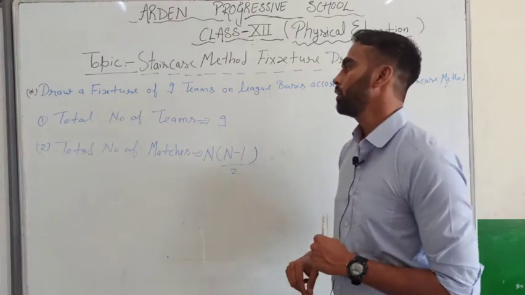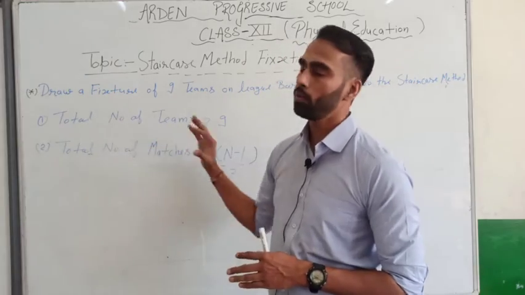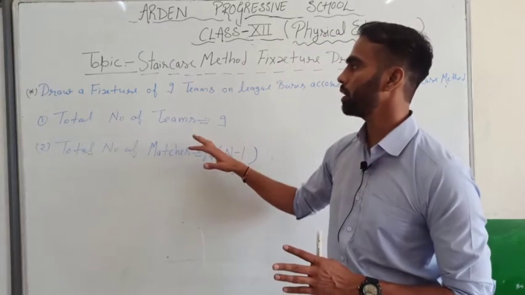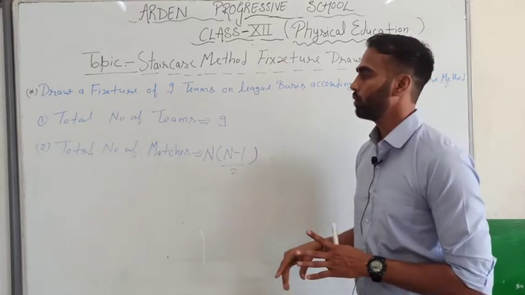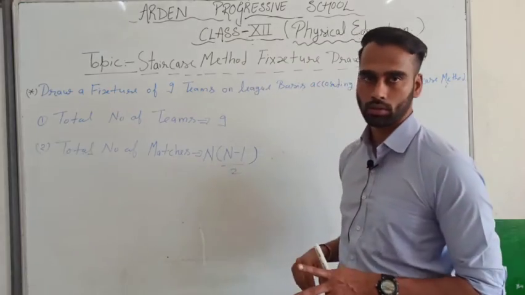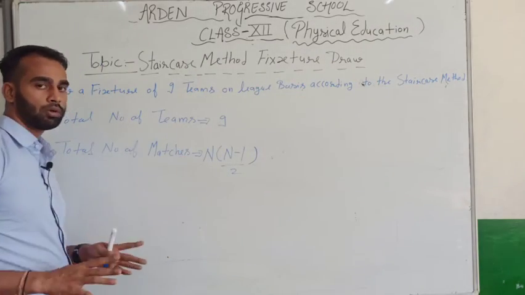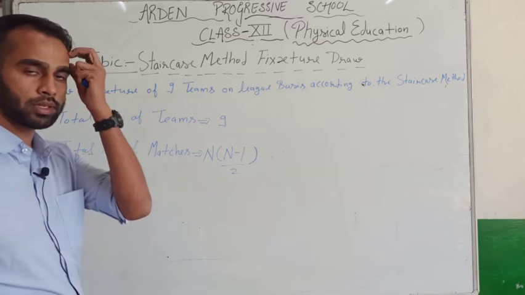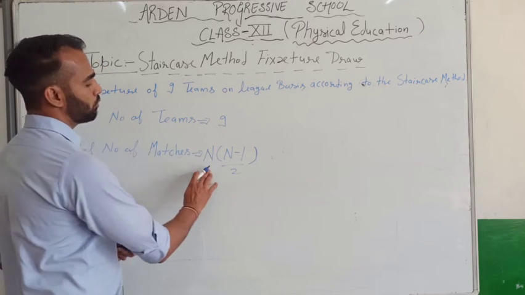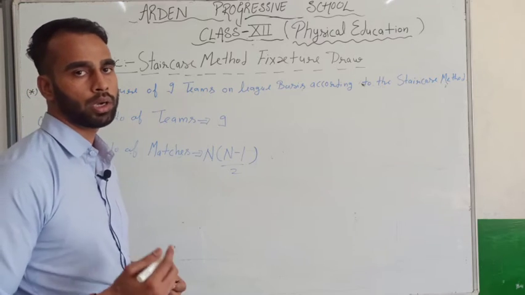First step, or first point, is the total number of teams. So the total number of teams is 9. The second point is the total number of matches. There is a formula to know how many matches there are in this picture. The formula is n bracket n minus 1 bracket close upon 2.